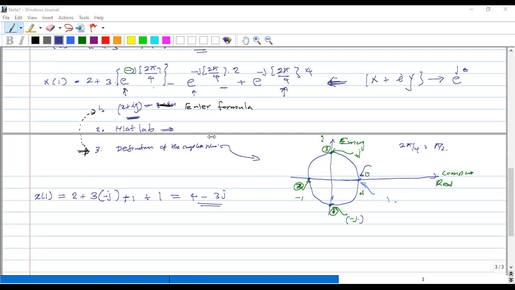I have 2 plus exponential minus 1i times 2 pi divided by 4. I will copy this one, divided by 4.